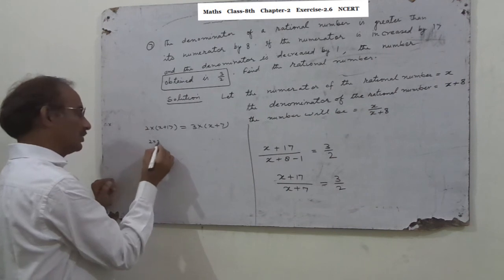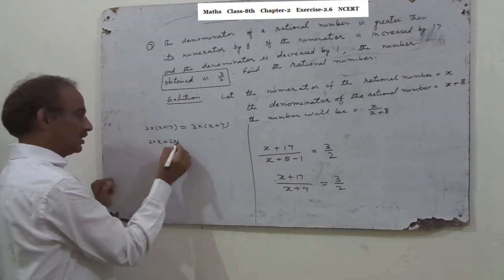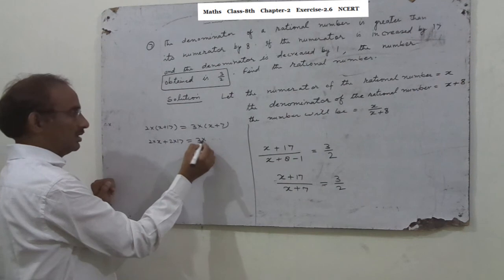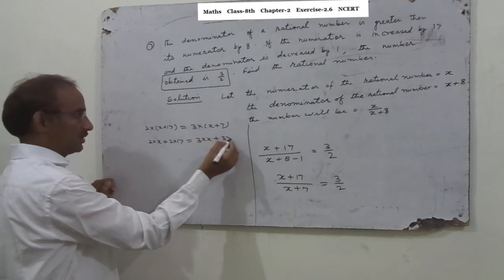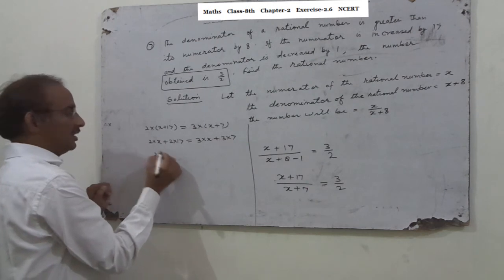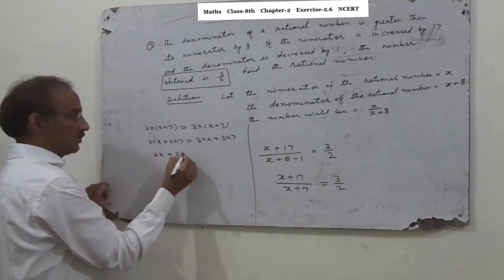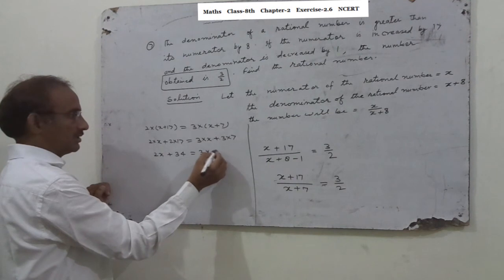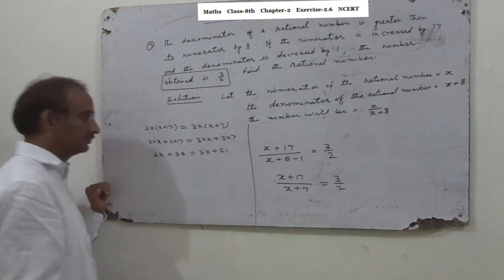So it becomes 2 into x plus 2 into 17, 3 into x plus 3 into 7. Now it can be written as 2x plus 34 equal 3x plus 21.